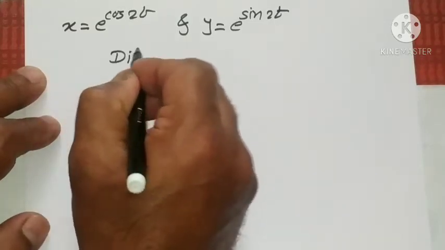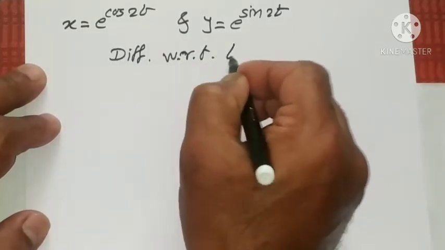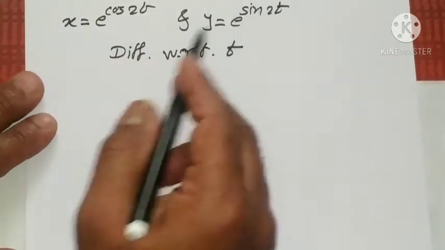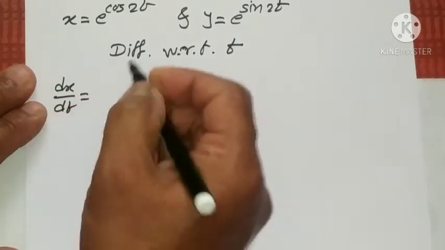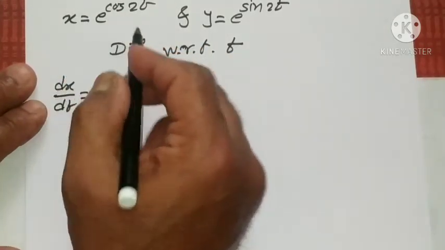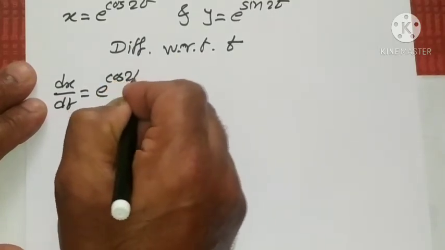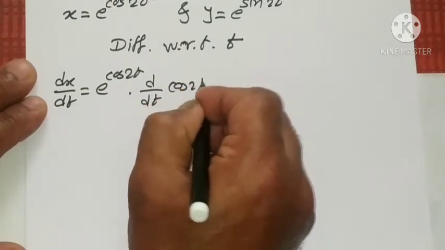Differentiate with respect to t because x and y variables depend upon t. Then dx upon dt is equals to derivative of e raised to cos 2t, so remain as it is, e raised to cos 2t into d by dt cos 2t.